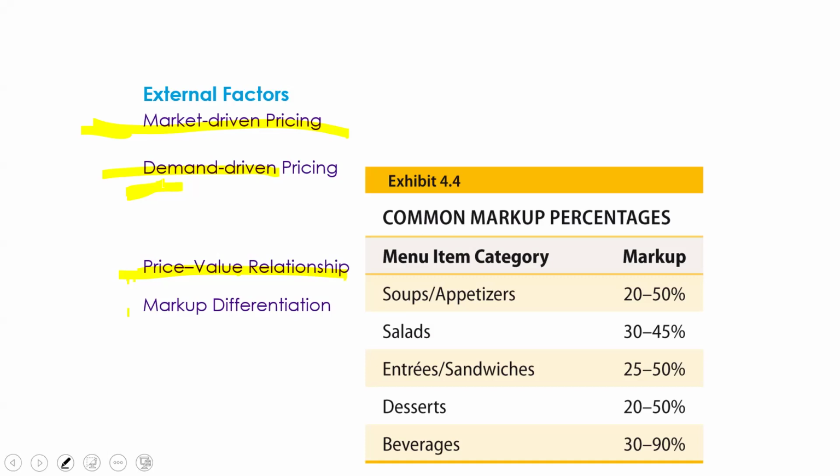And so they're basically renting that space from that stadium or from the airport. And if their rental is super high, well, yeah, they've got to raise their prices to help cover the cost of that rental. Okay. So demand-driven pricing is where people are kind of stuck in an area and you can kind of charge a little bit more of a premium price.